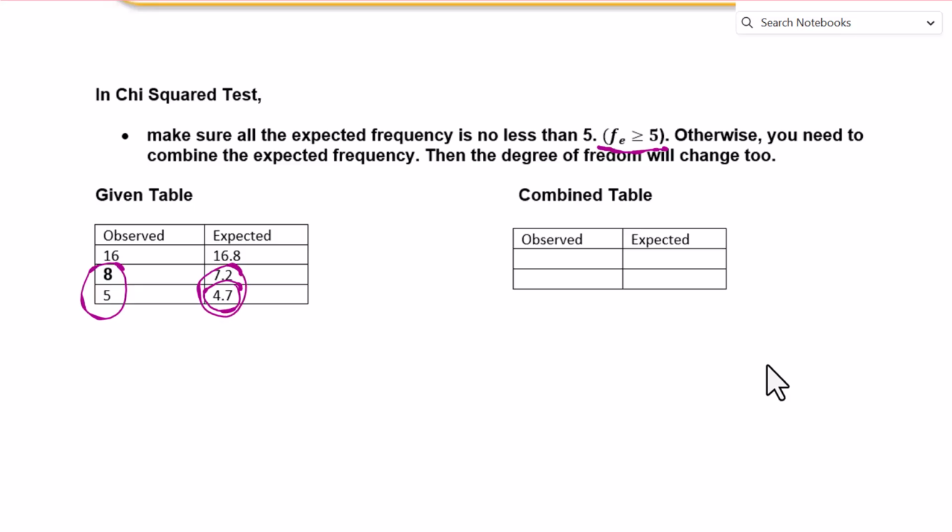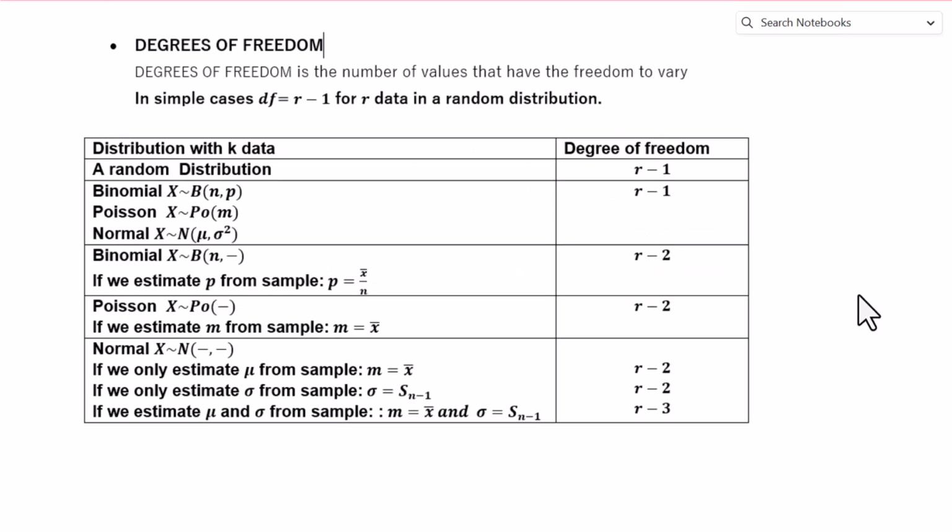Observed frequency will be 16. 8 plus 5 is 13. Here, expected value 16.8 is good. 7.2 plus 4.7 is 11.9.